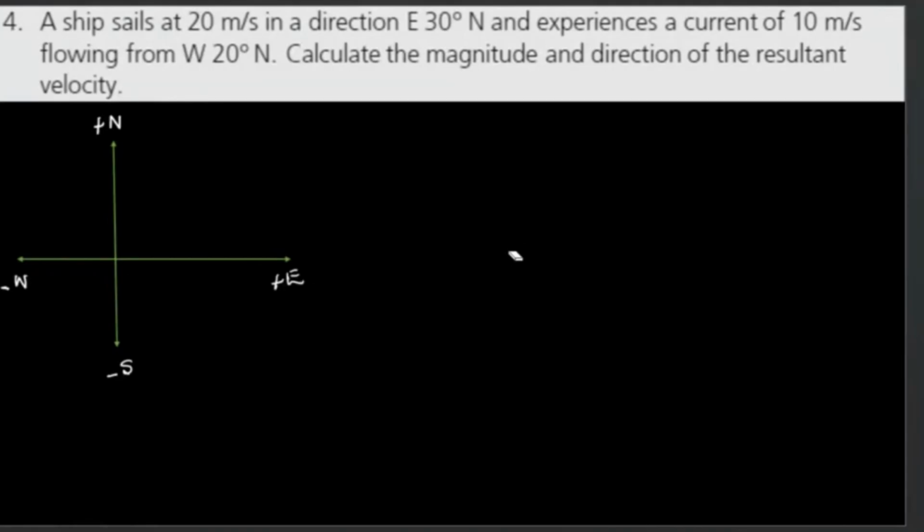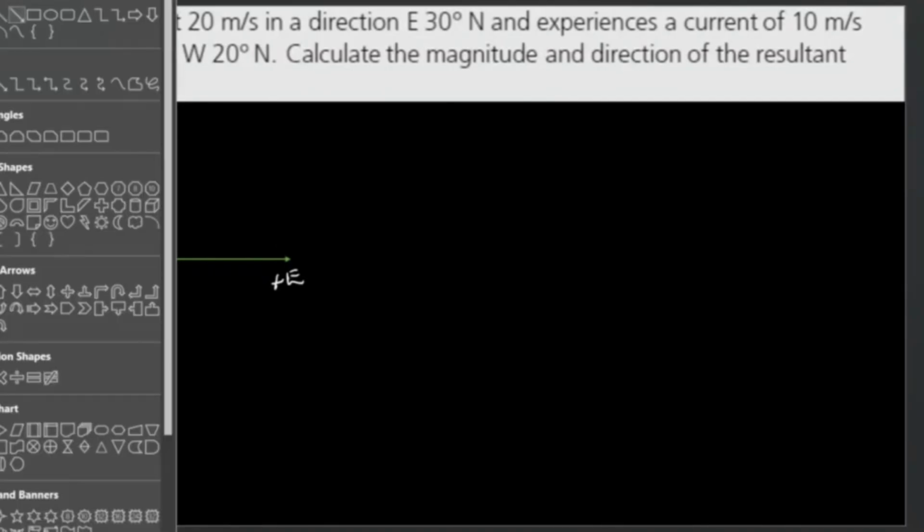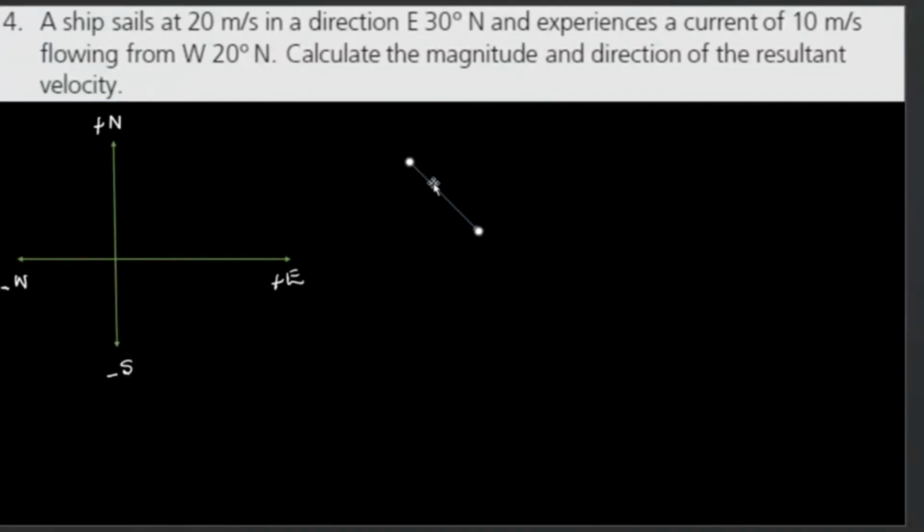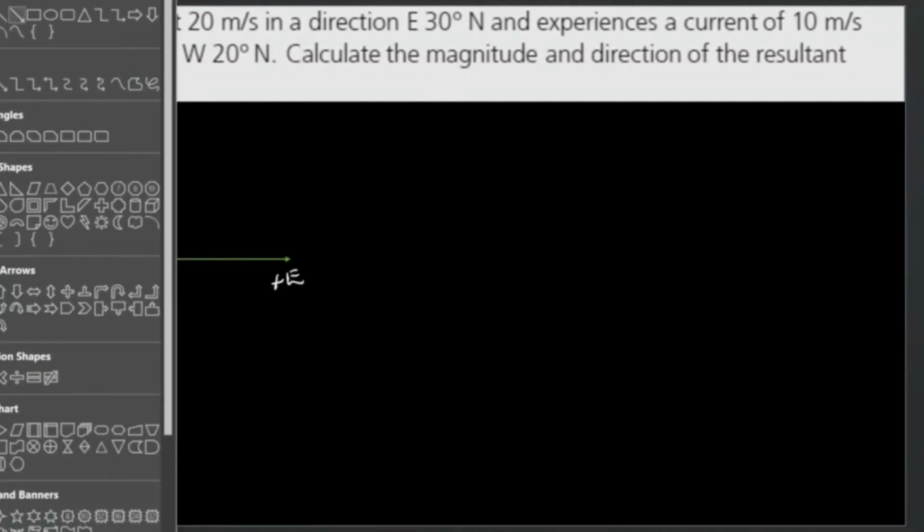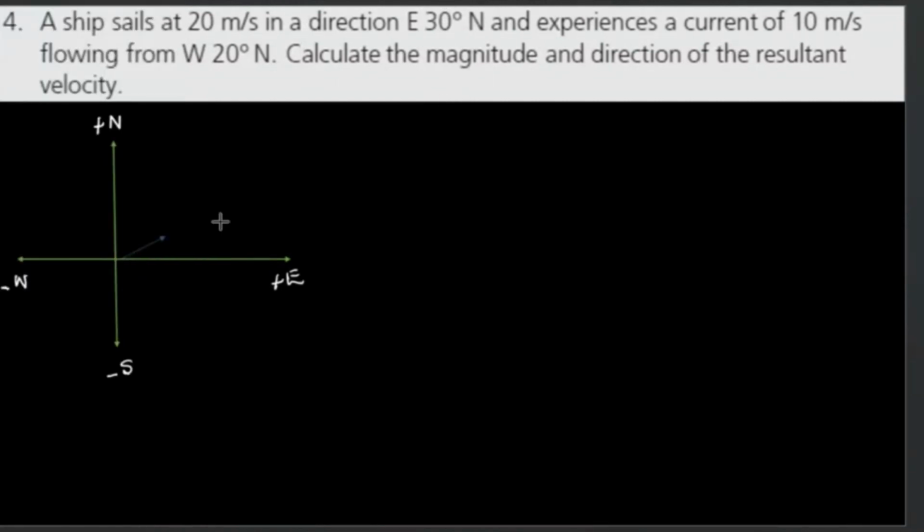They said a ship sails 20 meters per second in the direction of east 30 degrees north.